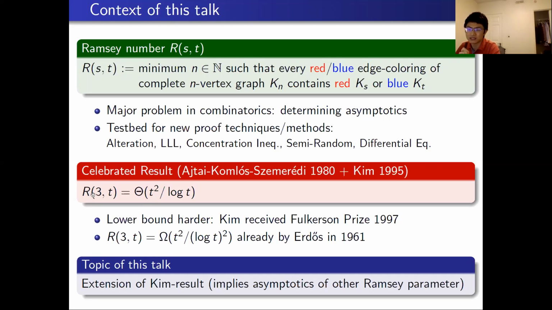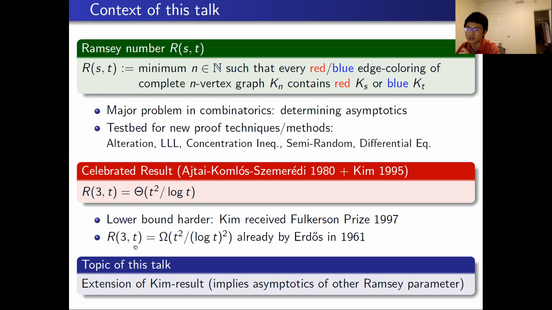Actually, the study of the Ramsey number R(3,t) has been very influential in terms of proof techniques. Indeed, the upper bound on R(3,t) of t squared over log t by Ajtai, Komlós, and Szemerédi from 1980 is considered to be the first serious application of the so-called semi-random method.